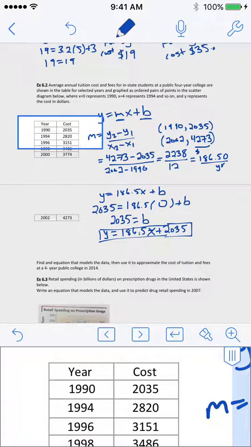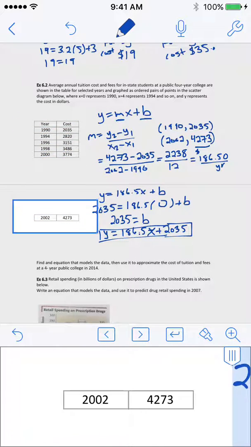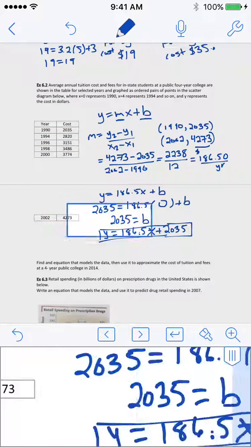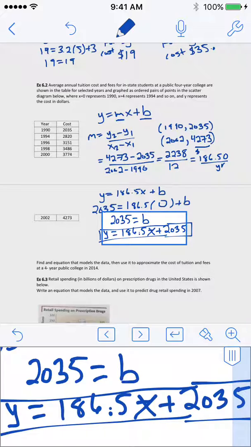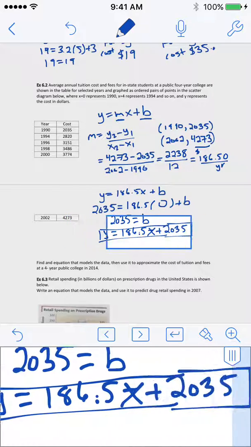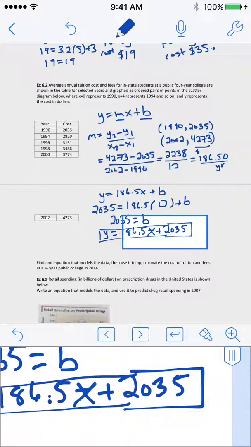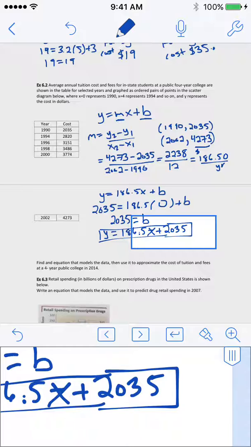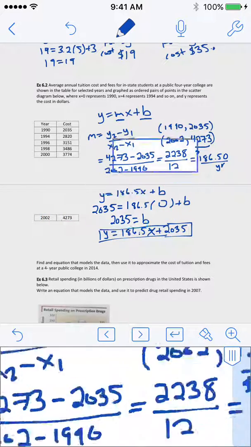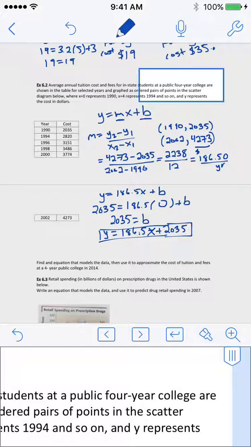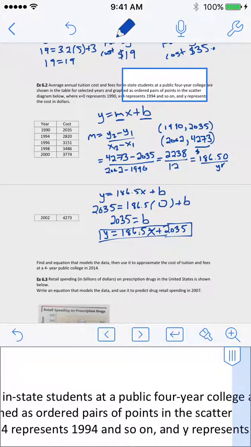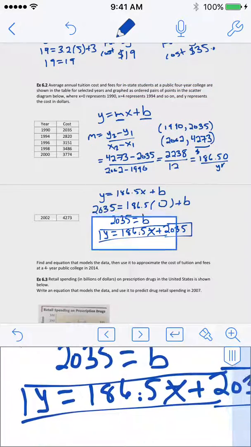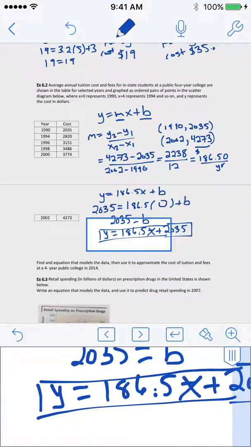We definitely started at 2035, and it went up by $186 per year. I wish this was a little more accurate because that is not the case, right? College tuition definitely is not $4,000. This is probably more of a two-year public college, associate's degree, something like that. But yeah, this is a pretty standard equation.